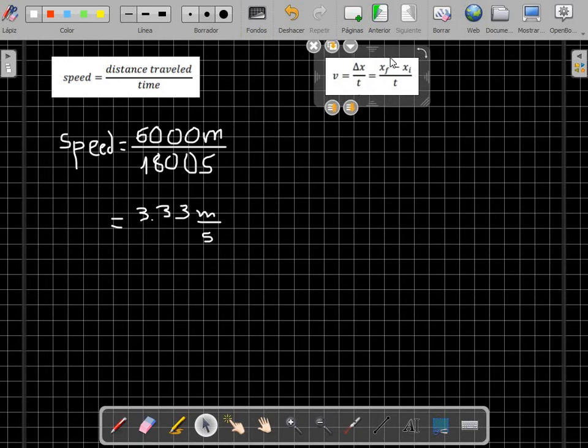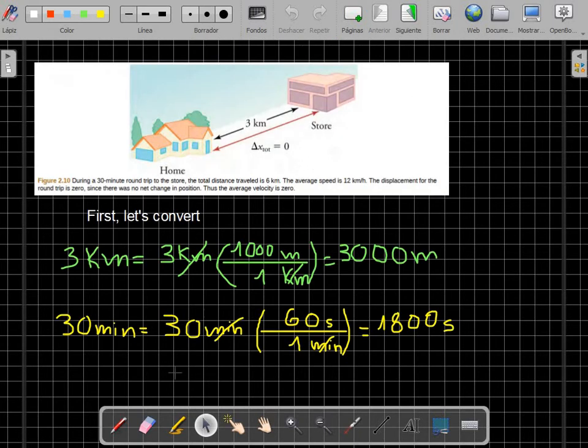And we have to identify both of them here. Remember that this person started here at home, so that means that this is the initial position. And remember, if they don't say anything about the initial position, we can assume that it's equal to 0.